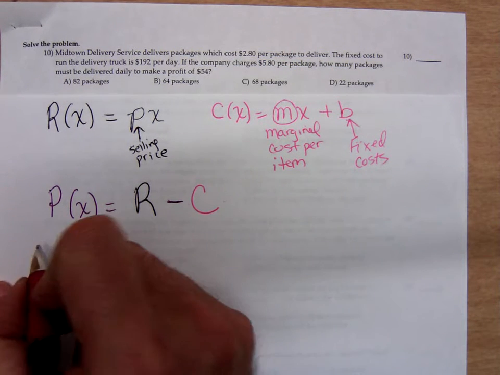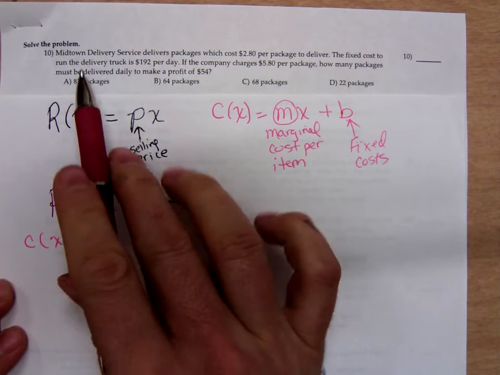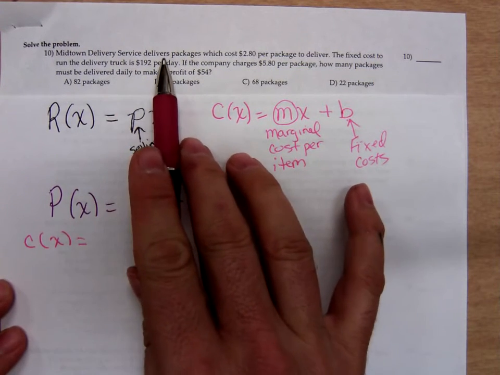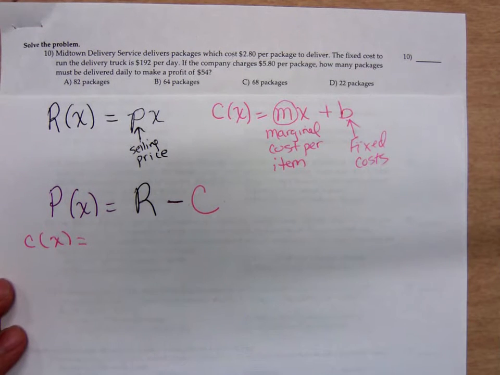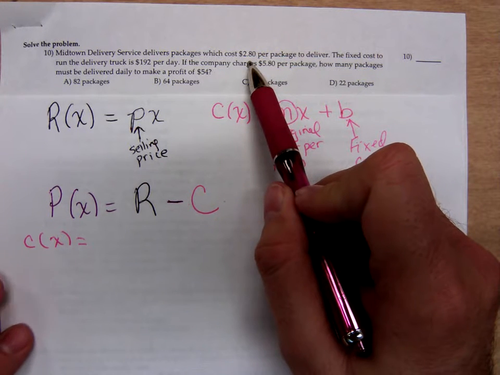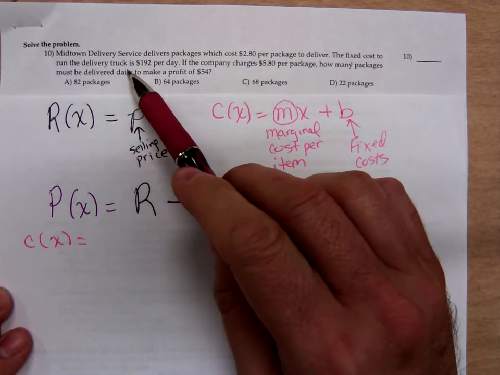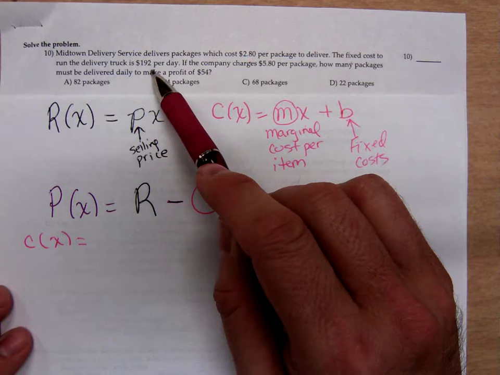So this is problem number 10, the cost function. This delivery service delivers packages which cost $2.80 per package to deliver. So maybe that's how much the delivery boy gets of the money. Okay? The fixed cost to run the delivery truck is $192 a day.